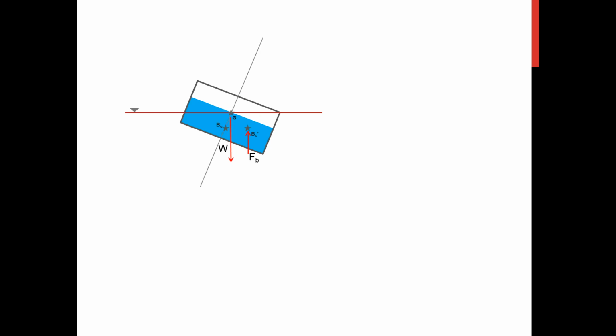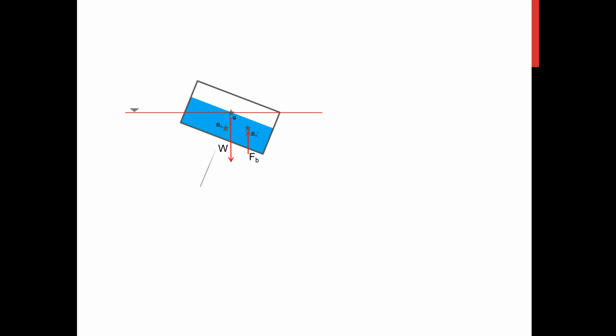So what we do here is to make a line that is parallel to the axis of the body. This line is along the axis of the body. And what we do is to project the new location of the buoyant force upwards, intersecting that line of symmetry.